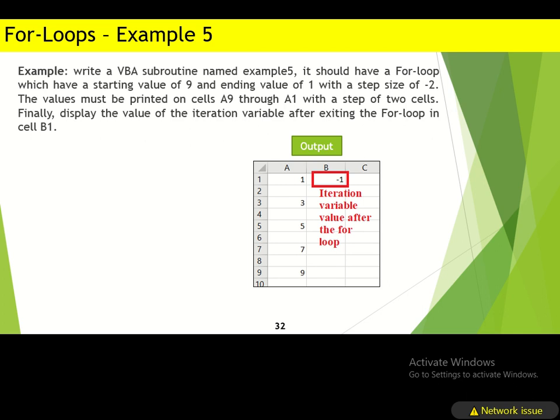Because till 1 it will work. After 1 it will do minus 2 again and then end. So 1 minus 2 is minus 1. Got it? So if you are using a step, then it will add the step and then end. Got it? The final value will be the last loop value plus a step. That is the final value. Okay? Clear?